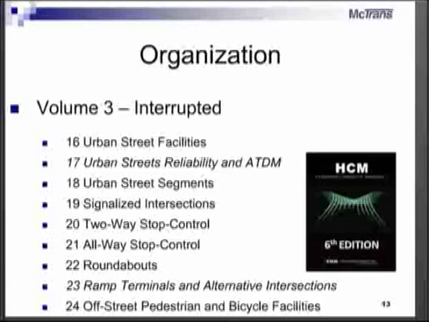The other chapters here are the same as they were, with procedures being changed as I'll go through. But I italicized 23 because that was the interchange ramp terminals chapter, and it's being expanded to include alternative intersections and diverging diamond interchanges, which is a big, big expansion of that chapter. So just drawing attention to the fact that one's going to change dramatically.